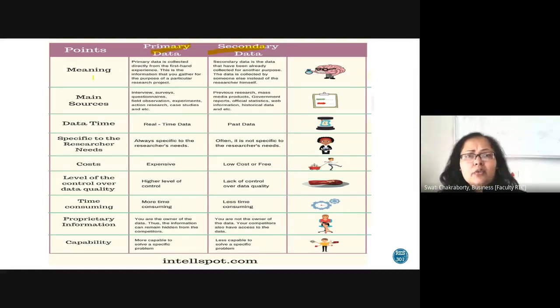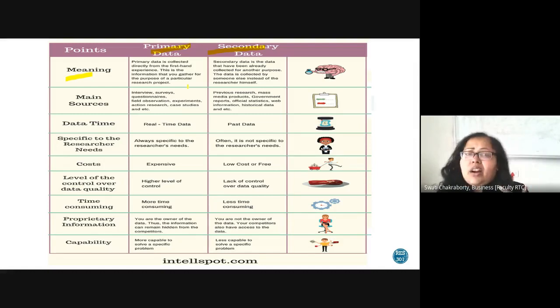We'll start with the meaning. Primary data is first-hand information that you gather for the purpose of a particular research project. Secondary data, on the other hand, is data already collected by someone else for some other purpose, right?